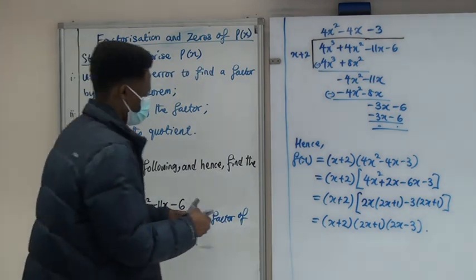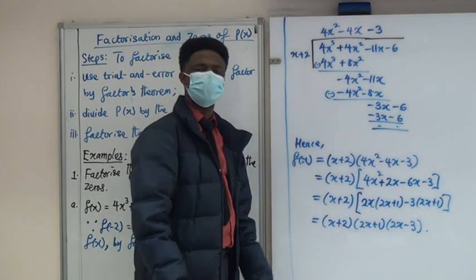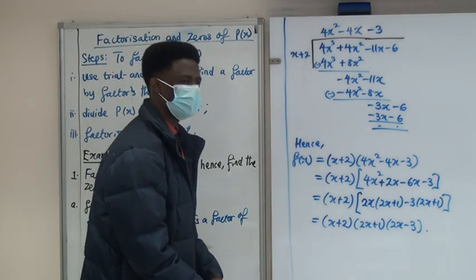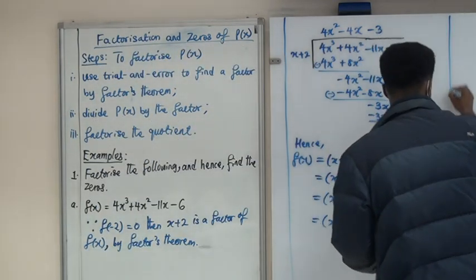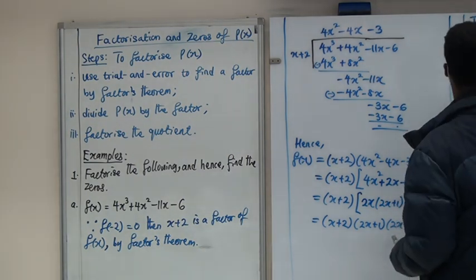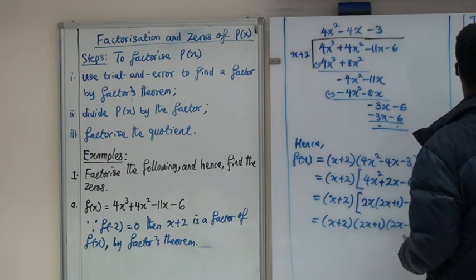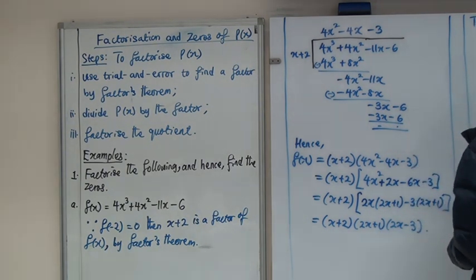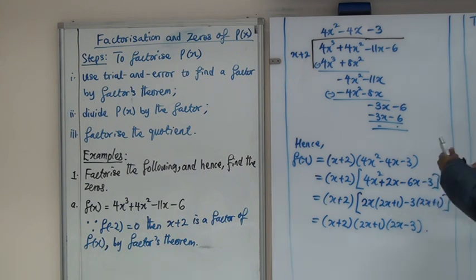So make it an equation and find the values of x. So to find the zeros of f of x, of course you don't have to write all this, it's just for you to know what I'm doing.